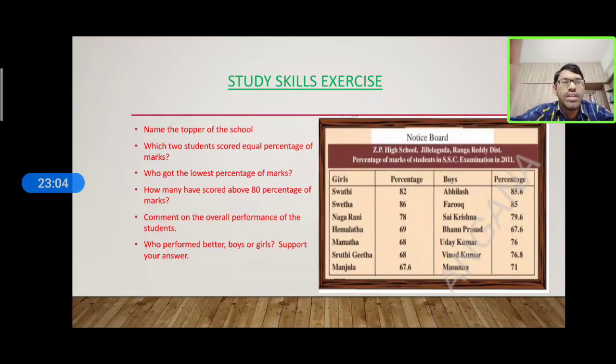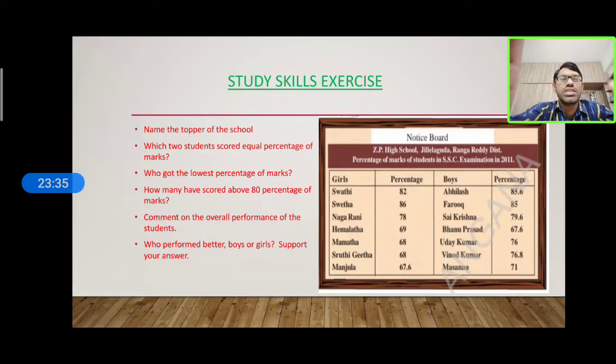If more girls scored more than 80%, write down girls performed better. You are supposed to support your answer with what you have identified from the percentages. Also, who struggled somewhat hard? Who struggled more? You are supposed to write that.